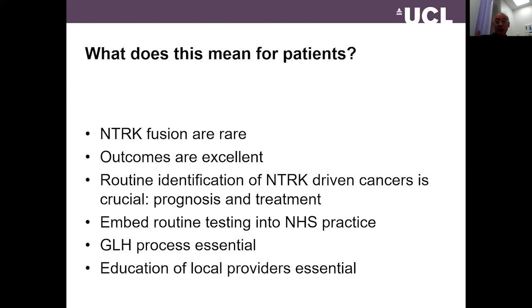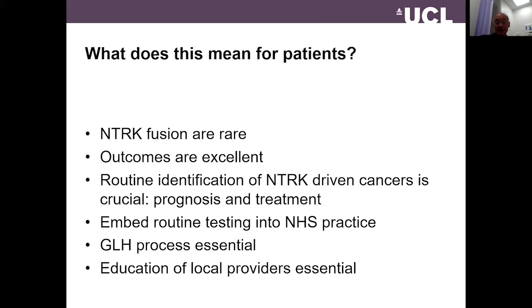What we need to do is make it completely routine. And Genomics England, working with the hubs, have gone a long way towards doing this, establishing routine RNA-seq for NTRK in every single cancer patient. But it's got some way to go. Only if we do this will we find these patients and be able to offer them this treatment.